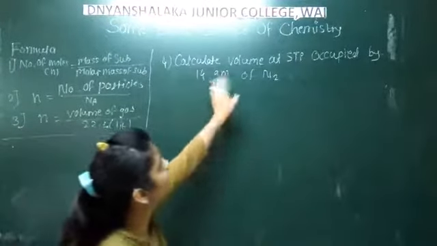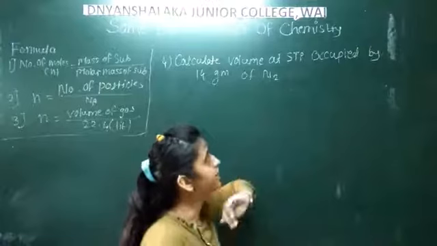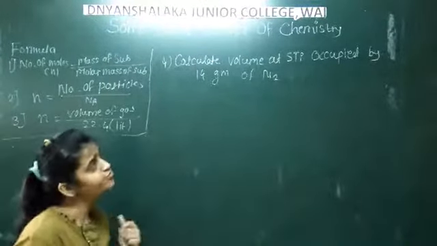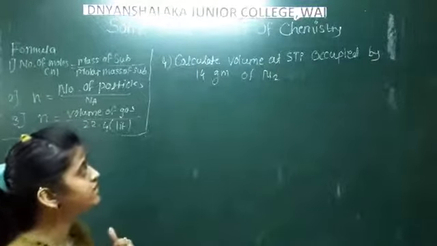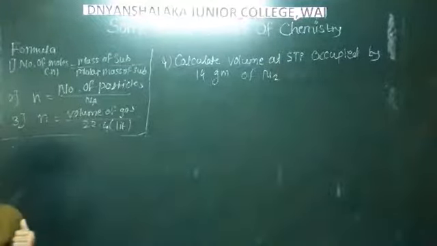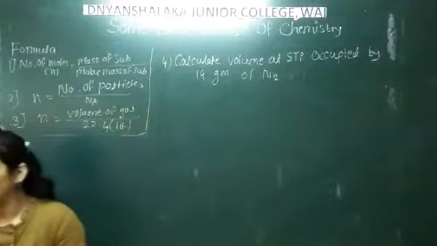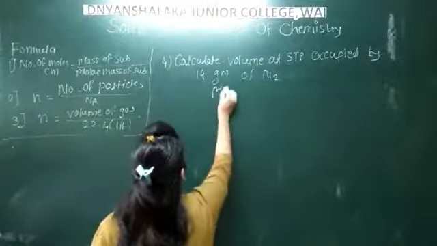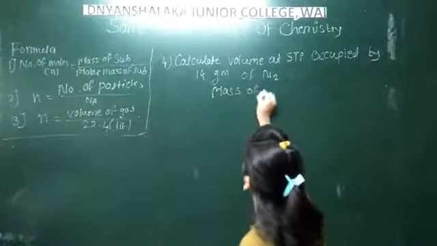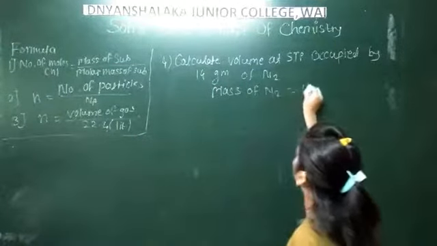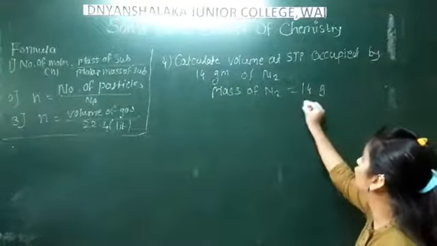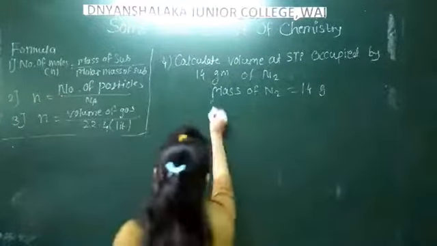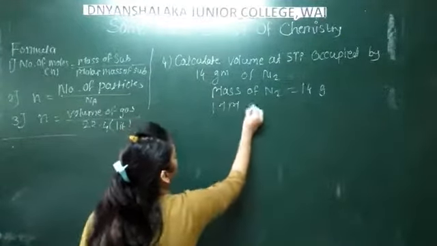Next example: calculate the volume at STP occupied by 14 gram of nitrogen. So, nitrogen molecule. In this example, the given mass of the gas, that is the mass of nitrogen gas, is 14 gram, and we have to find the molecular mass of nitrogen.